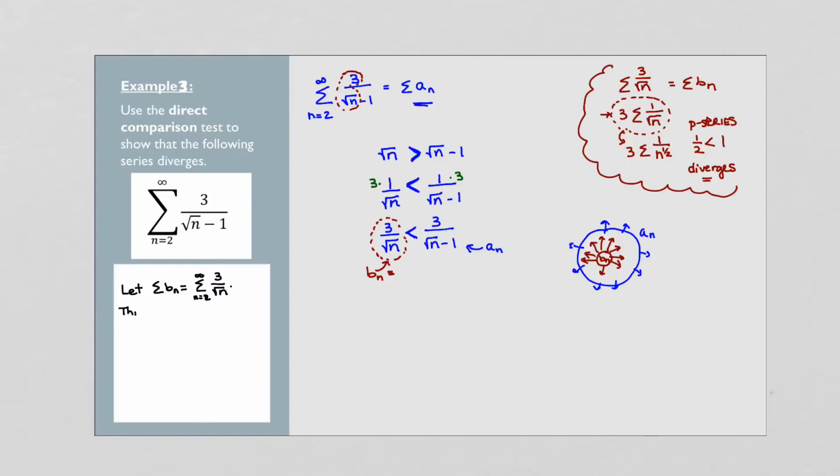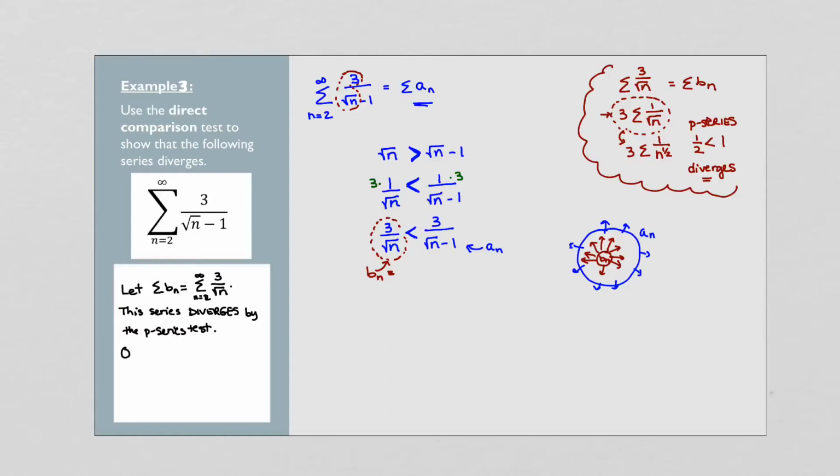This series diverges, and it diverges by the p-series test. Moreover, we have an order.